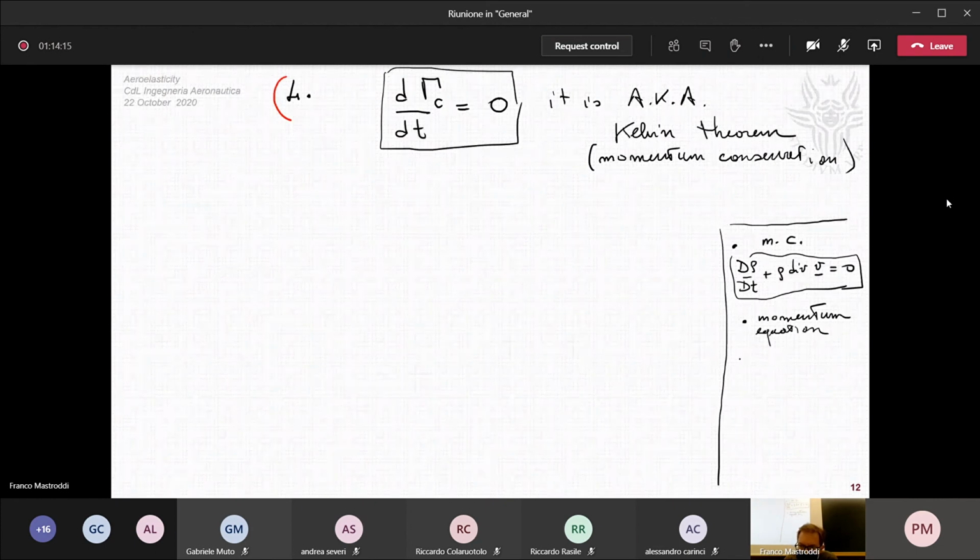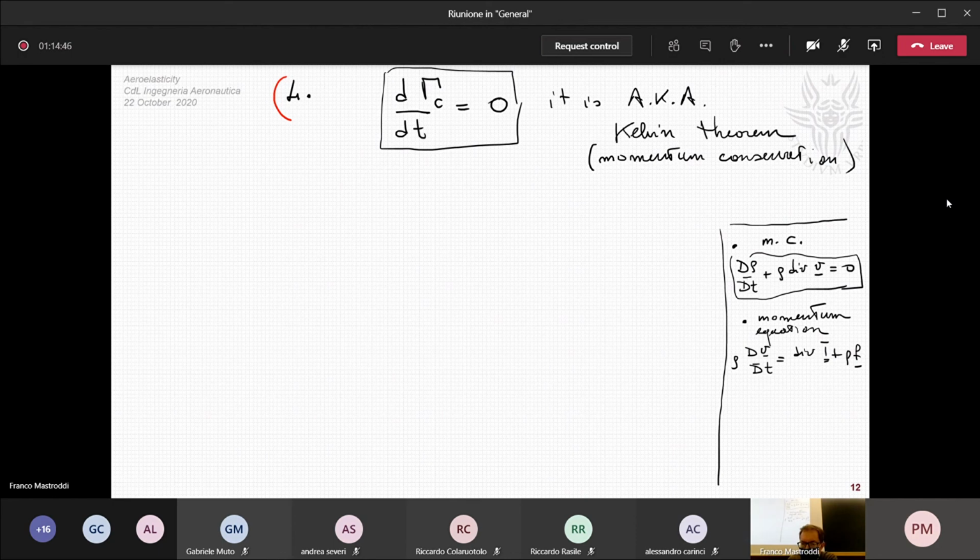And so we have that rho times the derivative of the velocity is equal to the divergence of the stress tensor plus eventual per unit volume force, like rho F. And F is a force per unit mass, and rho is the density. So you here could include the presence of the gravity, for example.